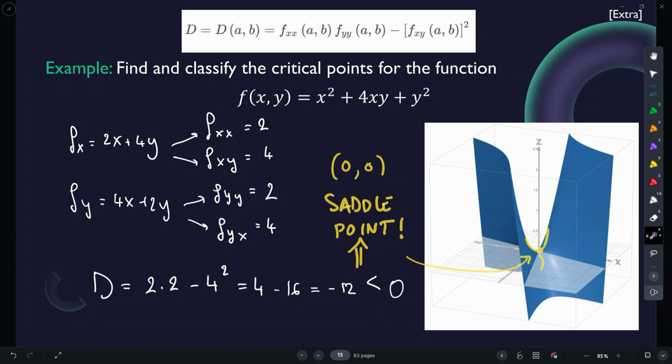In this case, it was 0, 0. So if this was 2 sine x, I would have plugged in at 0, 0. And if this was 4 times e to the t, I would have plugged in 0, 0 just to see what the value of those derivatives is. So you are evaluating those functions at the point (a, b), where (a, b) is a critical point.